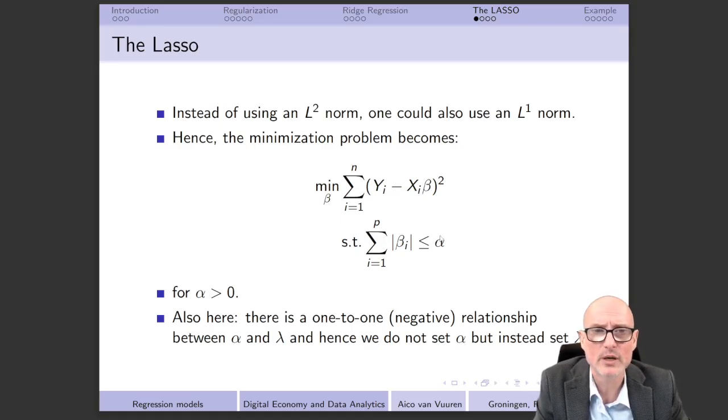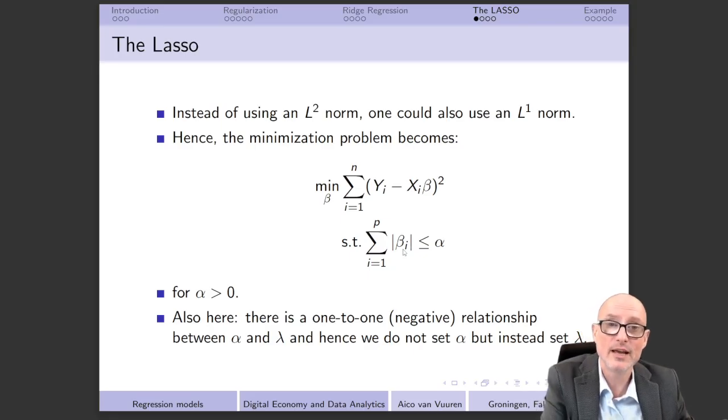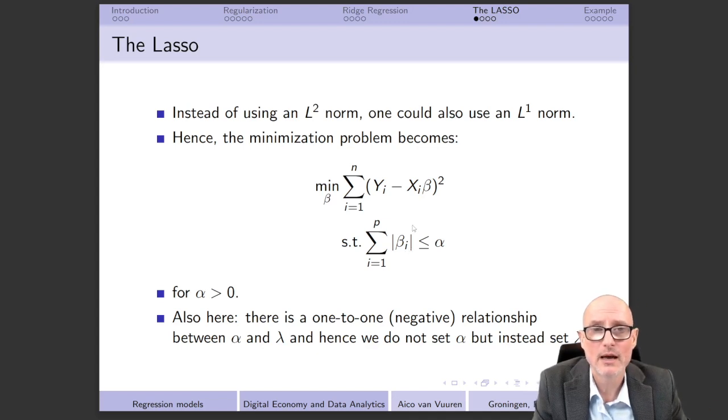However, we should take into account that at the moment that we look at features that have less predictive power, they will generally be set having betas that are exactly equal to 0. And that makes it a little less flexible in terms of being able to make predictions.